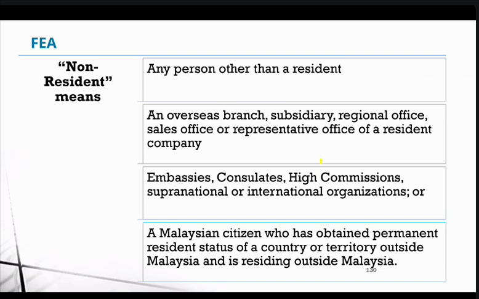Non-resident, very good. How about Thai embassy? Good. How about United Nations? How about United Nations Development Program? How about this?